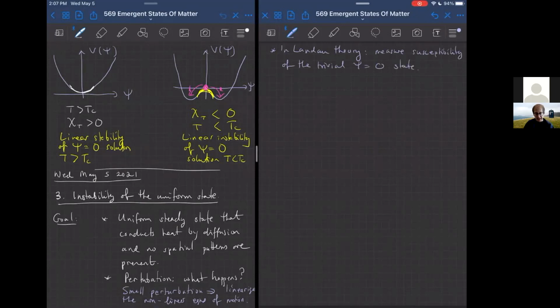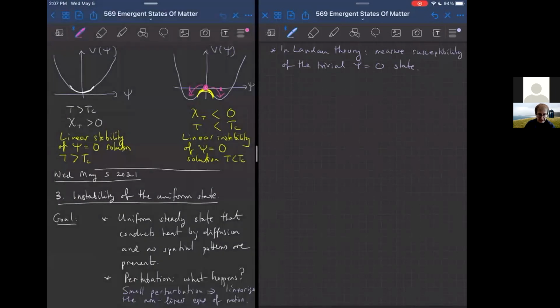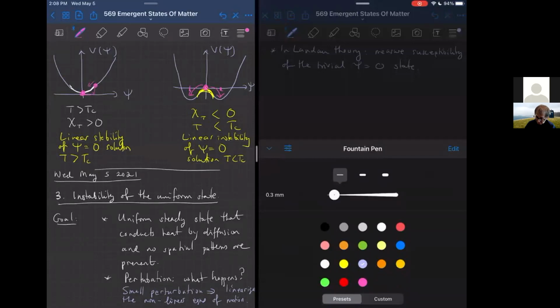As you can see on the left, if you are above TC, then the state is stable, meaning that if I start over here and then make a small perturbation, so that gets me up to here, then the system is going to lower its energy by coming back down. On the other hand, if I'm on the right-hand picture, then any small perturbation is going to move away from the psi equals 0 state, and so we call that instability. Okay, so that's kind of trivial and obvious.